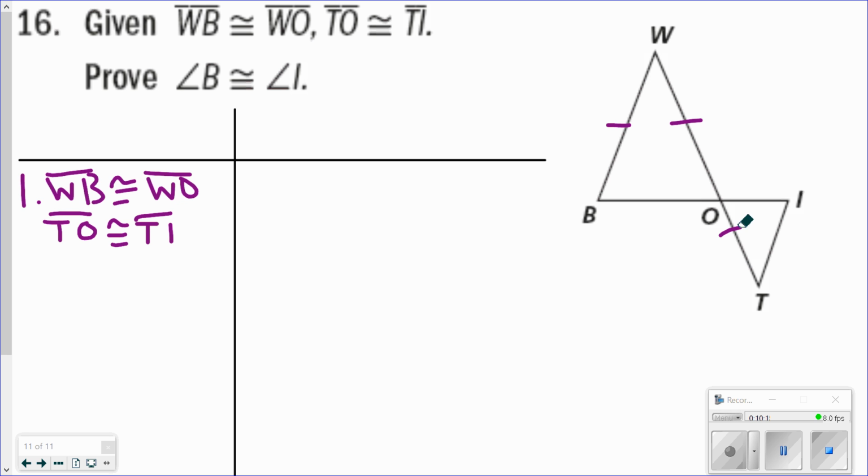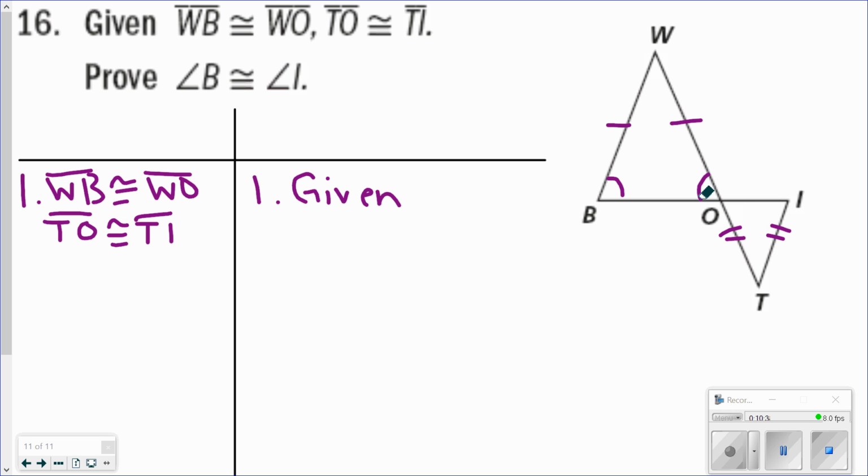So TO is congruent to TI. Why? Well, that was given. All right, so now looking at those two triangles, I see that I have two isosceles triangles. So since these are isosceles triangles, that means that this angle is congruent to this angle.